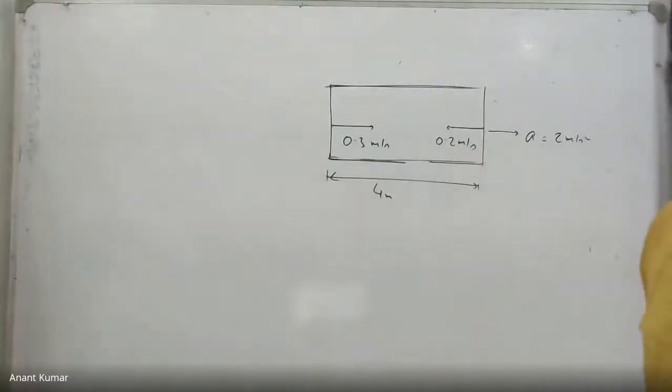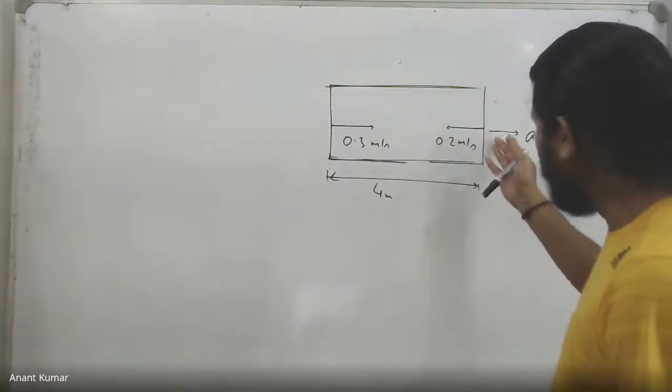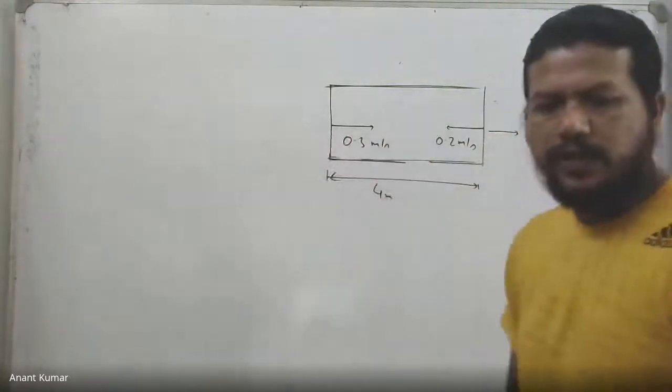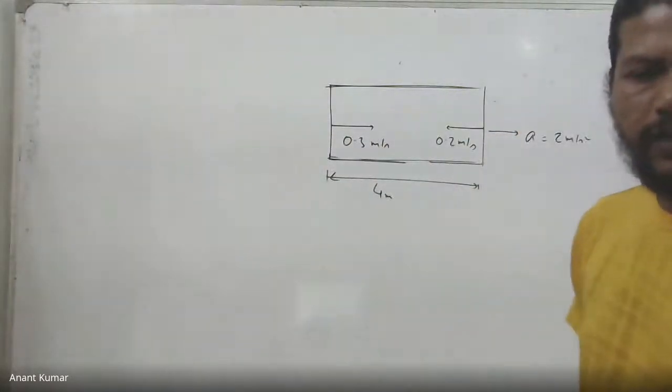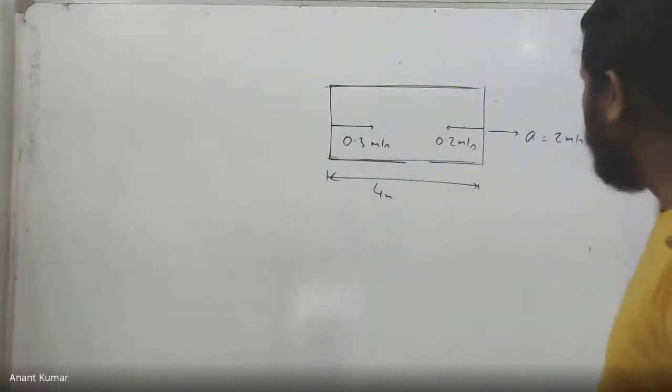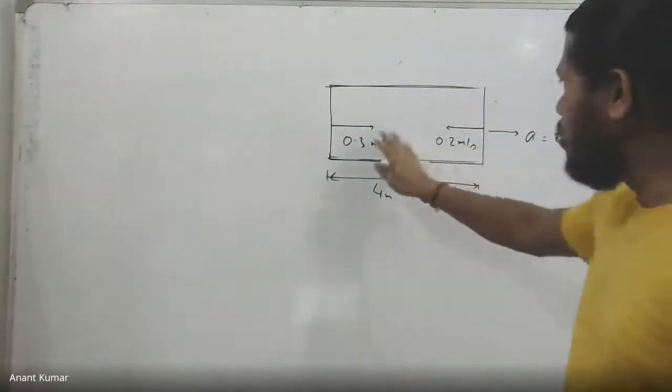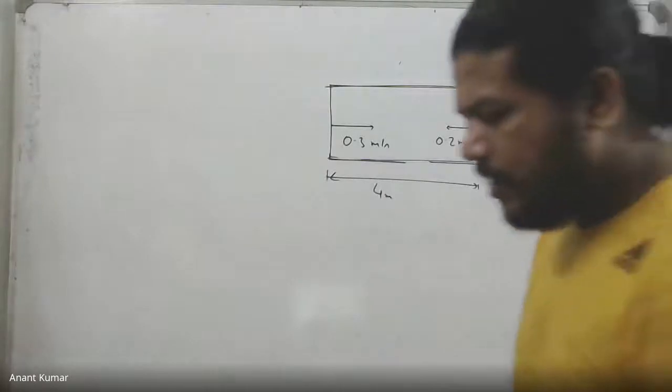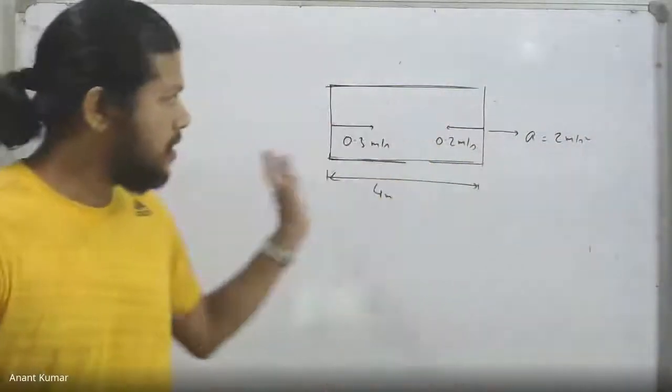In that frame it is not a projectile motion, because the acceleration direction is the same as the motion direction. It is just a straight line motion. So with respect to the rocket, these two objects will have an acceleration of 2 meters per second square towards the left.